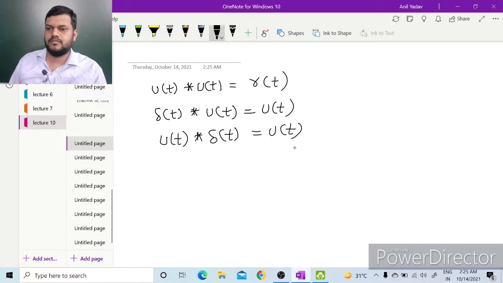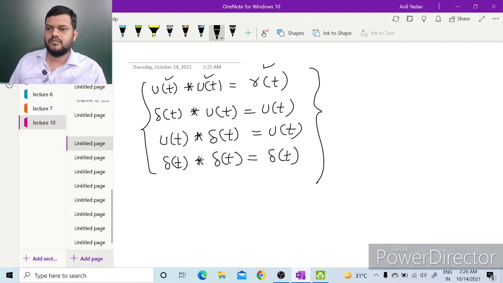Or we can say double derivative: delta t convolved with delta t, since differentiation of u(t) is delta t, the double derivative of r(t) is delta t. So these are some important results which you have to remember, because these will help in solving questions.